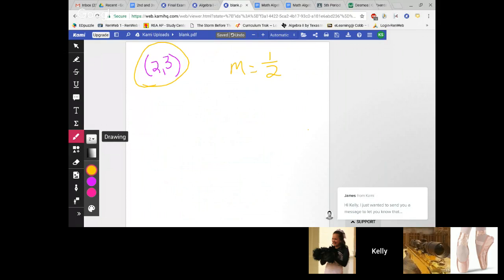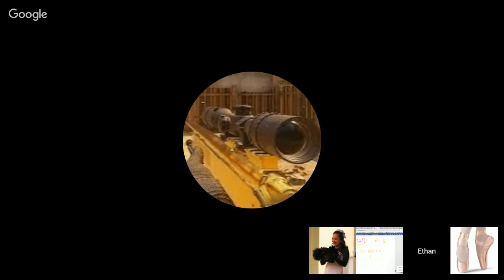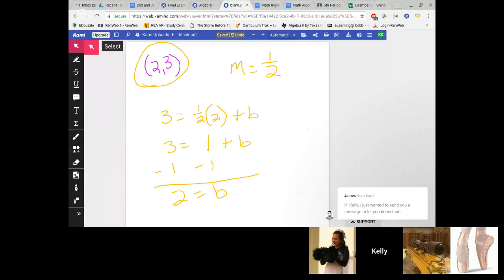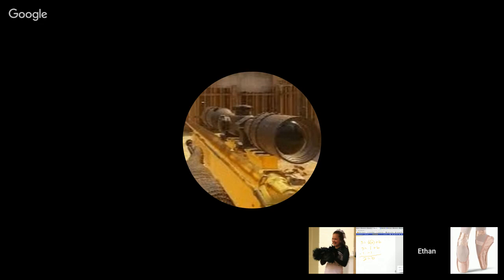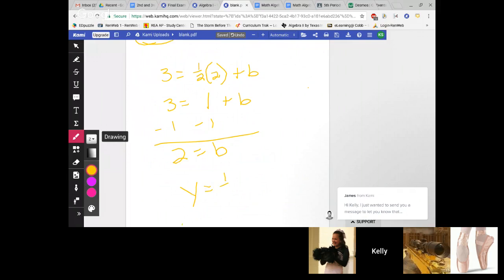So you plug that in, 2 equals b, so it's y equals 1/2 x plus 2, and that's the perpendicular line.